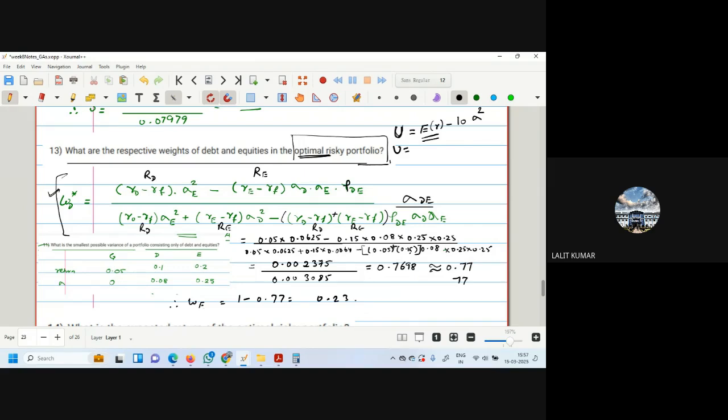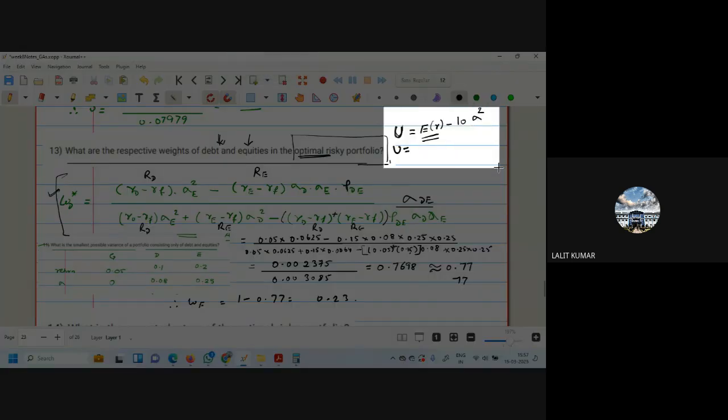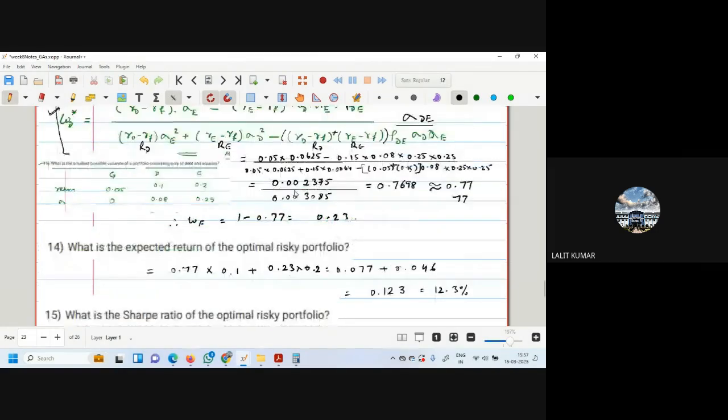So from here, you have to find the respective weights of debt and equity. It is asking only about debt and equity. If you forget this formula, I will try to explain how you can still get the answer.